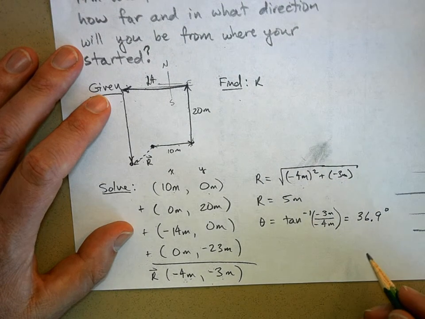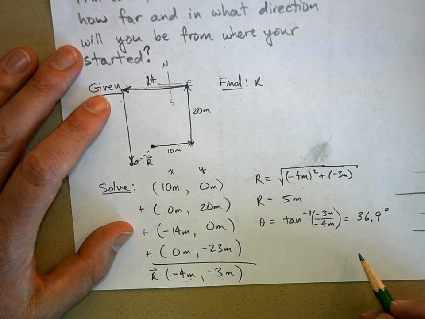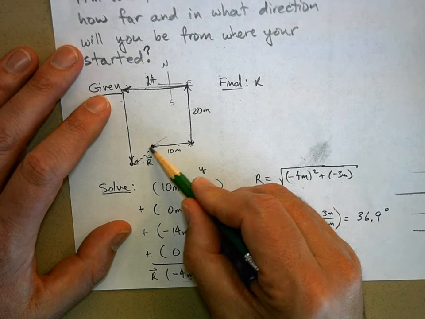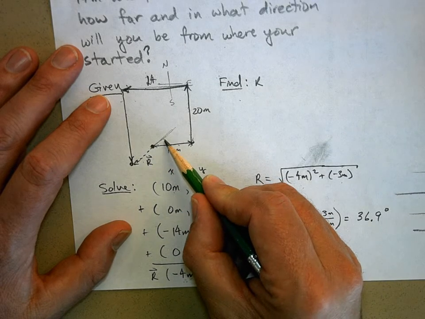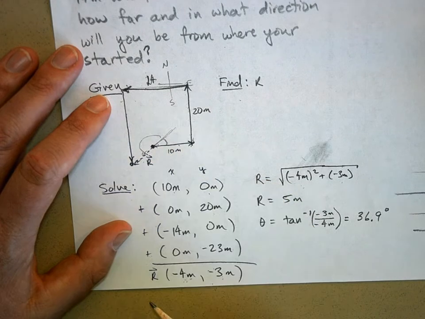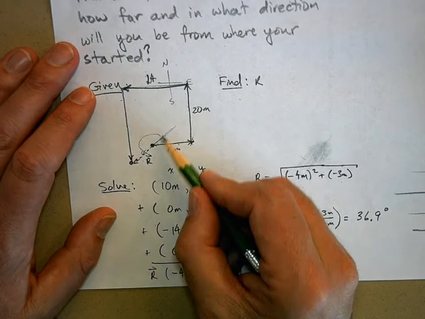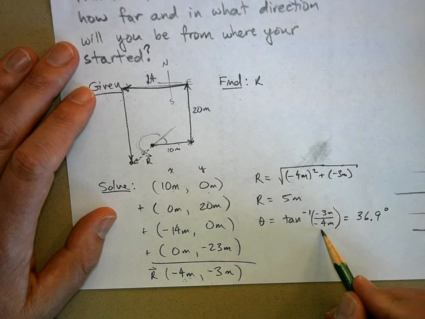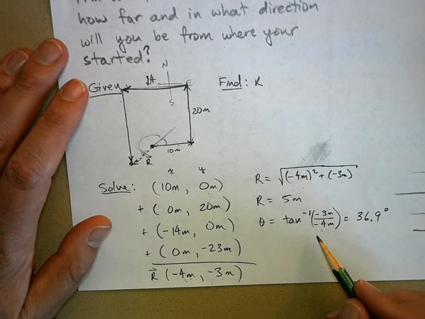But what do I have to do? So that's telling me that 36.9 is in this direction, but the angle is actually over here, isn't it? And of course my x component is negative, which tells me I have to add 180.